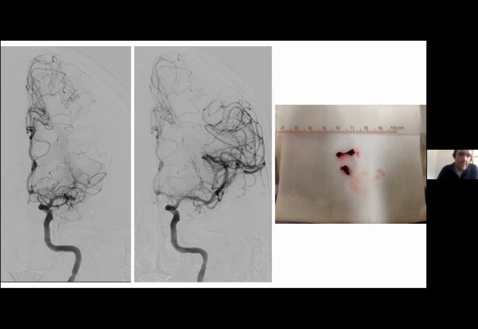So there's the line of thought that, you know, this guy's got this block in his M1 and he's clearly going to be perfusing across his leptomeningeal anastomoses, and there's the feeling that those leptomeningeal anastomoses do eventually exhaust themselves, and they do eventually end up infarcting, albeit later down the line. So again, there are lots of people doing studies and research, and lots of people are very opinionated about treating people with low NIHSS with confirmed large vessel occlusions.